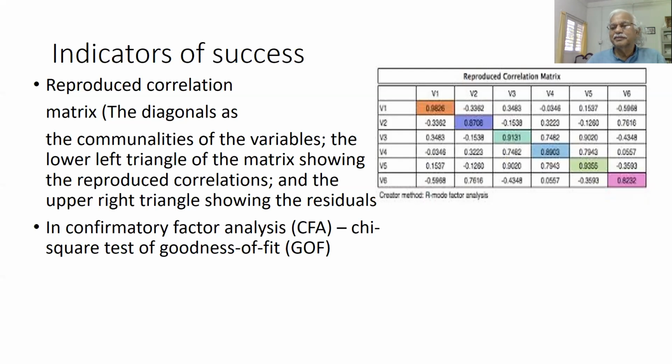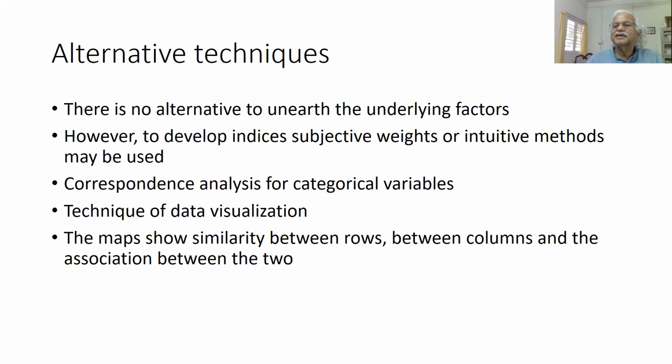I have seen that in PhD research, students apply confirmatory factor analysis to the same set of data. That is not a good practice. You should not use confirmatory factor analysis and exploratory analysis on the same set of data.